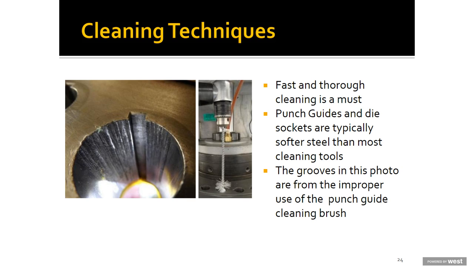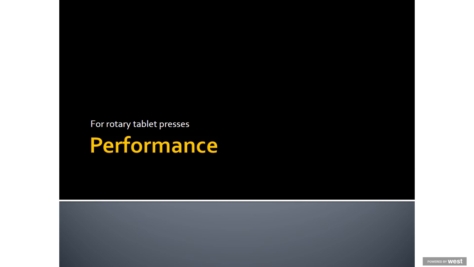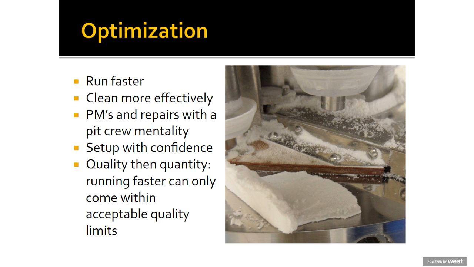And so if that tool is not used right, then it causes wear. And this is not uncommon. People really don't realize how soft the turret that holds the punches and dies is, how soft that steel is, and how much that can hurt you. So having good, effective cleaning is incredibly important in order to get performance.